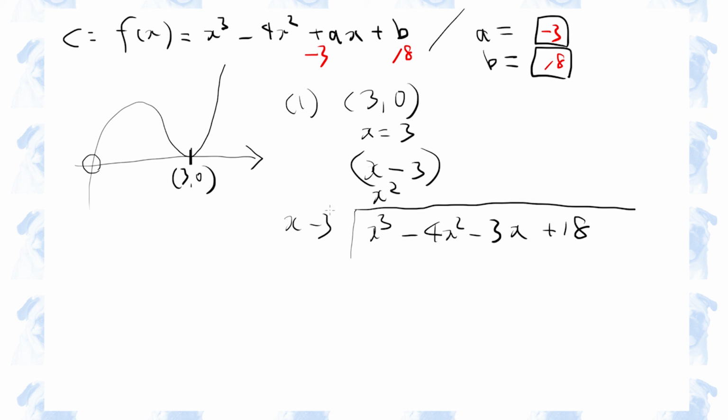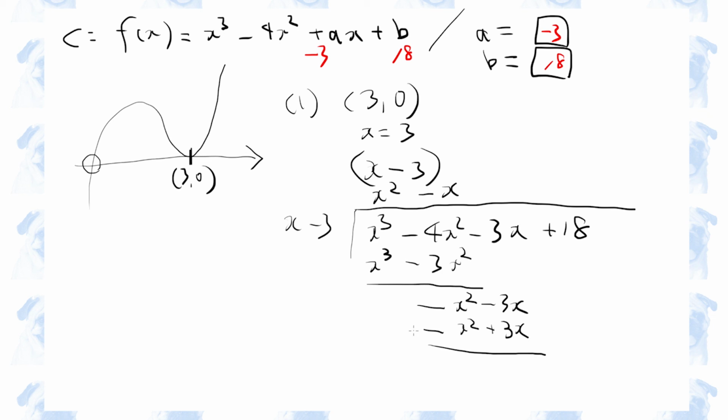x squared times x is x cubed. x squared times minus 3 is minus 3x squared. x cubed minus x cubed is 0. Minus 4x squared minus minus 3x squared is minus x squared. Minus x times x is minus x squared. Minus x times minus 3 is plus 3x.